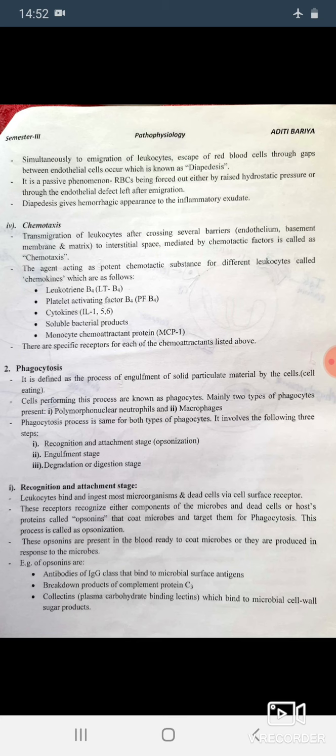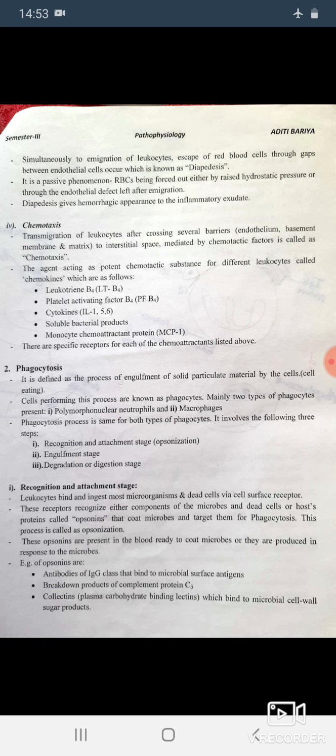These receptors recognize either components of the microbes and dead cells or the host proteins called opsonins that coat the microbes and target them for phagocytosis. And this process is called as opsonization. So what happens here? Which substances are present on the microbes or the dead cells? The substances which must be phagocytized.